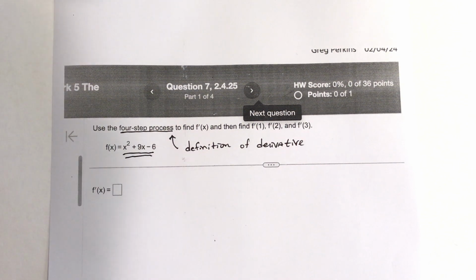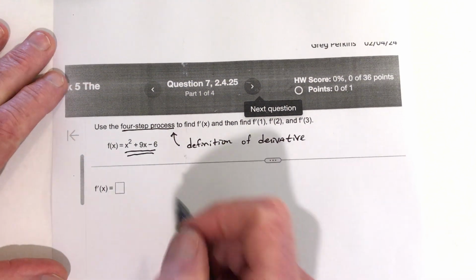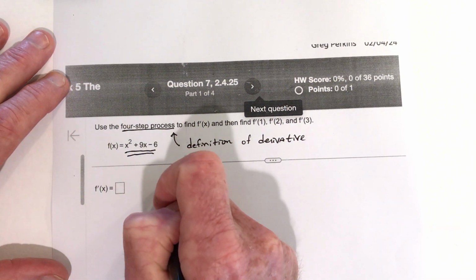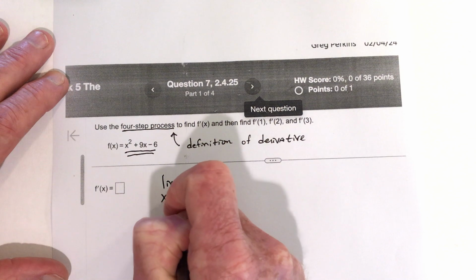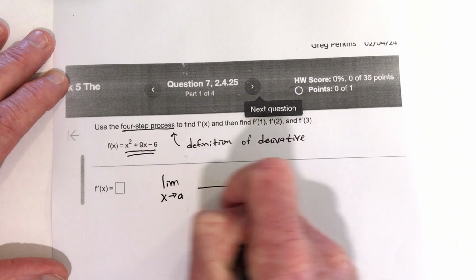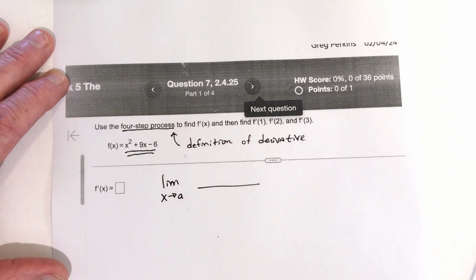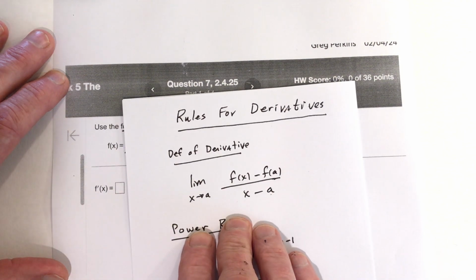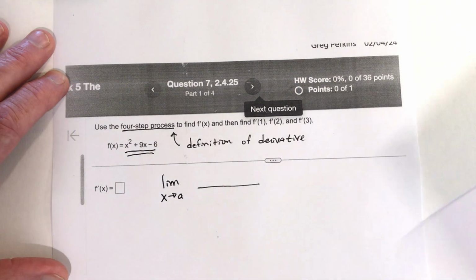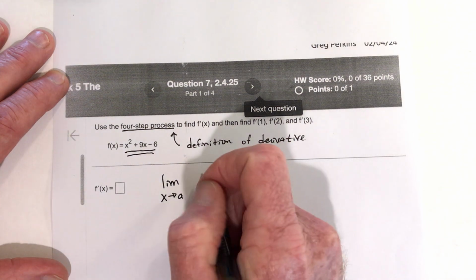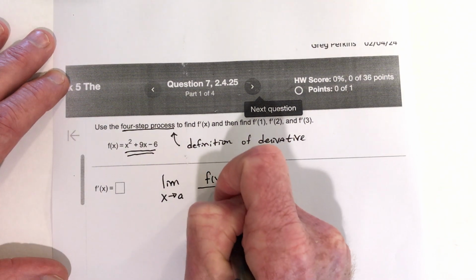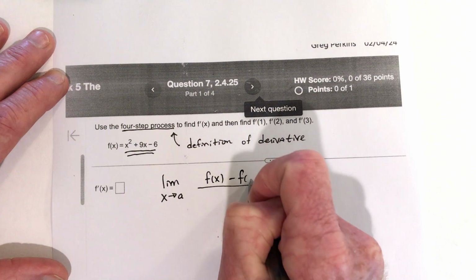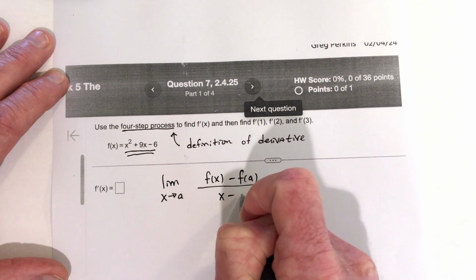But with the definition of the derivative, it's going to go take the limit as x approaches a and use this definition right here. So that's going to go f of x minus f of a over x minus a.